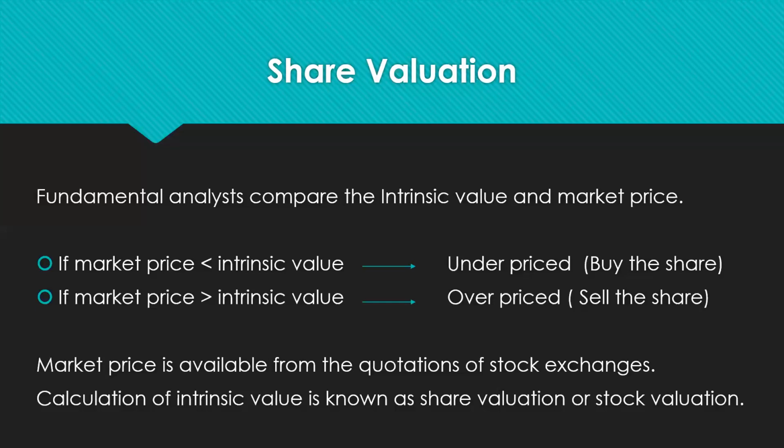Then again, the fundamental analyst anticipates that the market price will slowly come down to the same price as the intrinsic value. So right now the market price is overpriced. It's more than the intrinsic value. So it's best to sell the share at the moment because later on the price is going to fall. So it's best to just sell it and get the best price for the security.